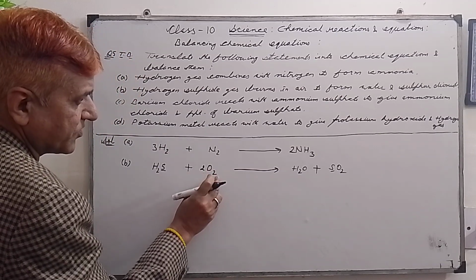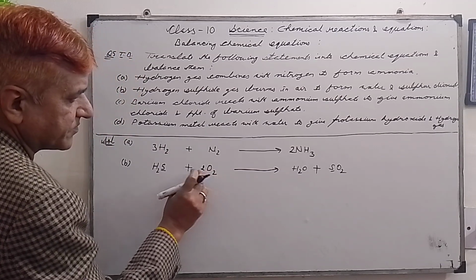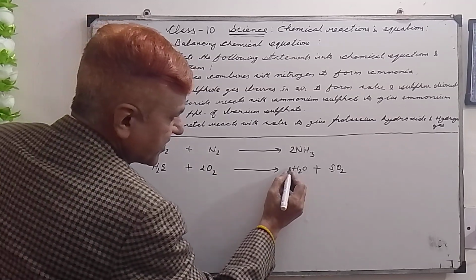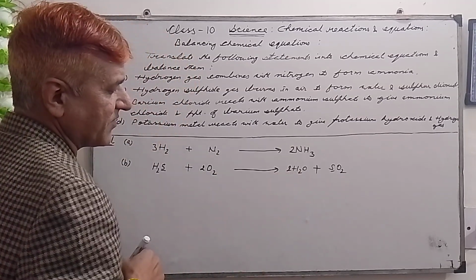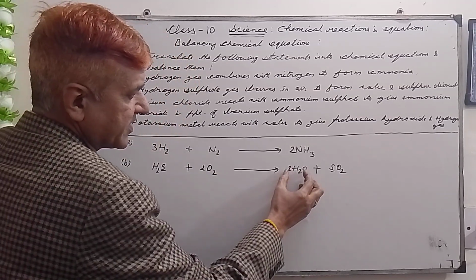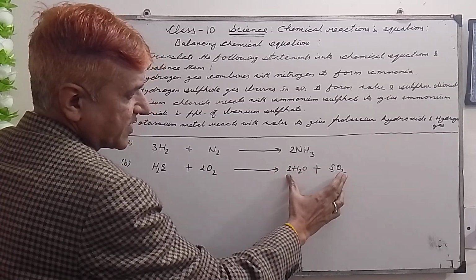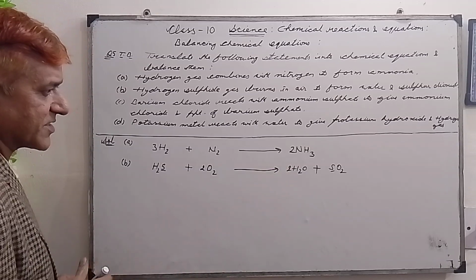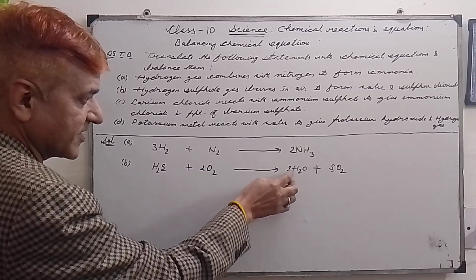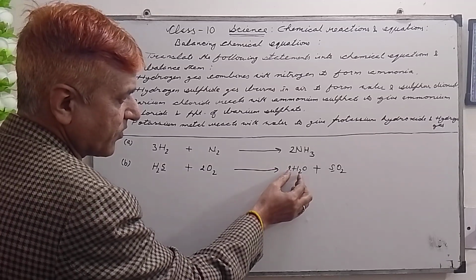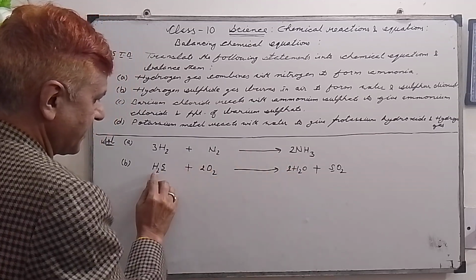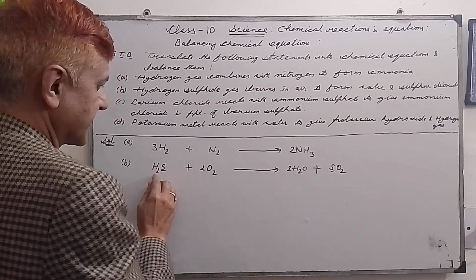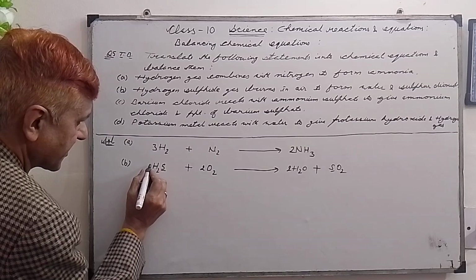If I multiply this by 2, I will get 2 oxygen atoms plus 2 oxygen atoms, 4 oxygen atoms. So oxygen is 4, oxygen is balanced, but hydrogen got disbalanced. Now I have 4 atoms of hydrogen here and 2 atoms of hydrogen there, so I have to multiply this by 2.